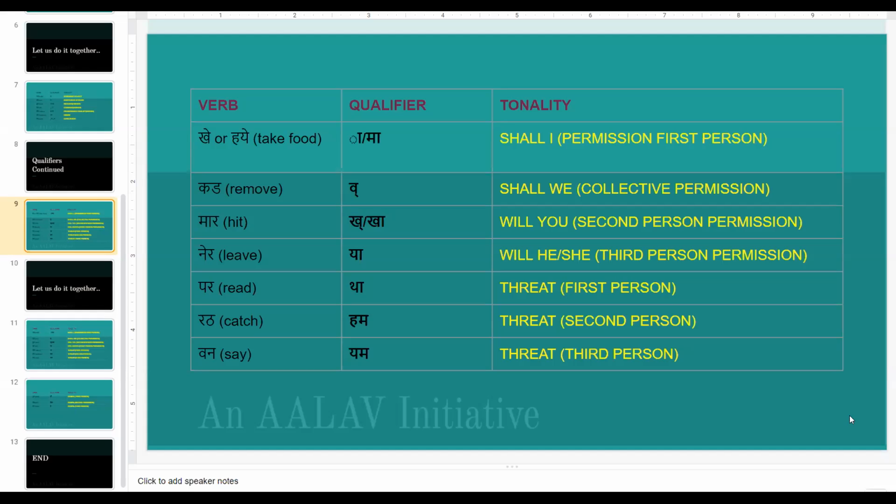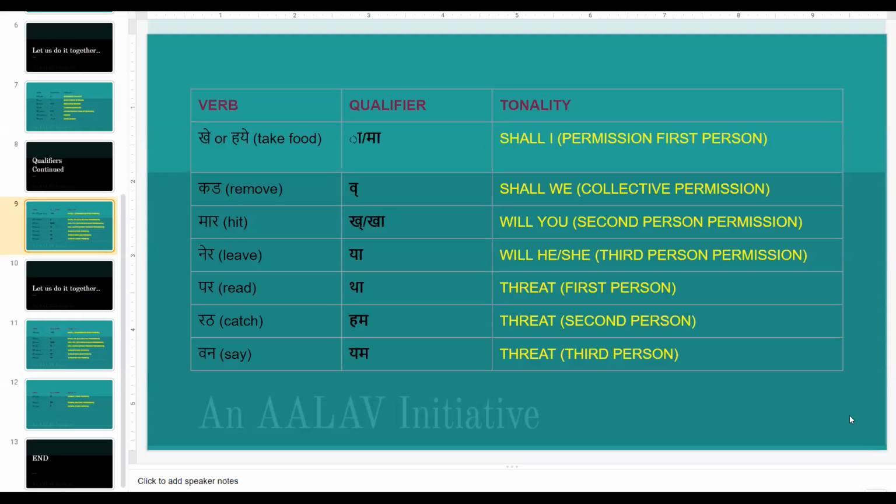Next verb is khad, remove. Khada. Khada, you're asking permission. Khada, shall I take it out? Khada, you're asking for permission, first person. Khada, shall we take it out?